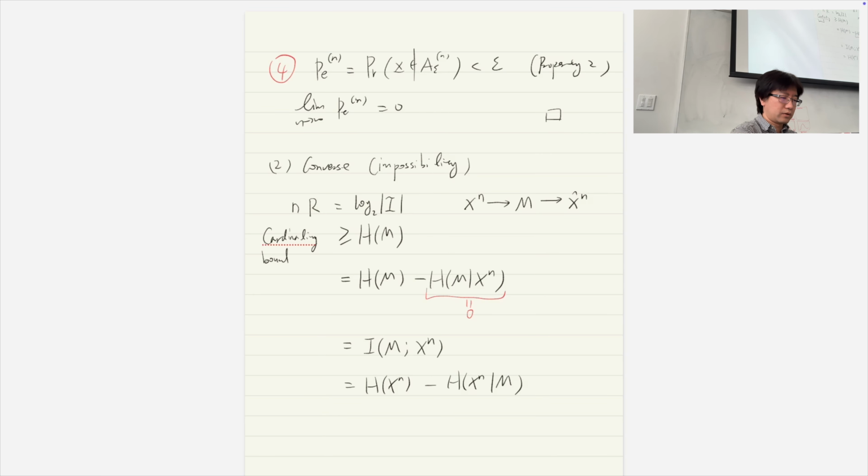Remember, our goal is to show R is bigger than or equal to this guy. Here we're almost there, but we need to make sure this guy is very small. How can we make sure that? Any idea?